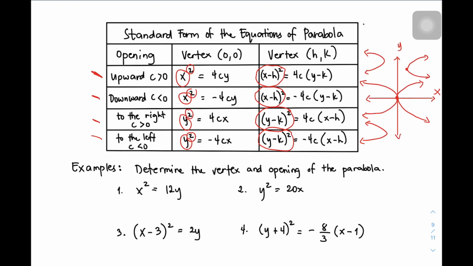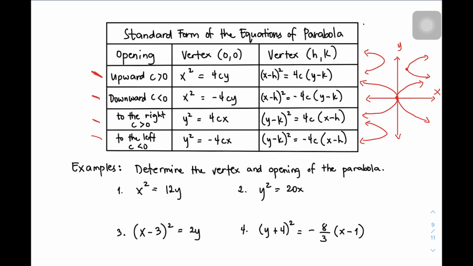It's either x or y lang naman. I hope na natutunan ninyo yung trick na yun, kasi marami pa rin nalilito about the opening of the parabola. Basta kapag yung opening ay upward or downward, x yung may squared. Tapos kapag left or right naman yung opening, yung kanyang variable y ang merong square.